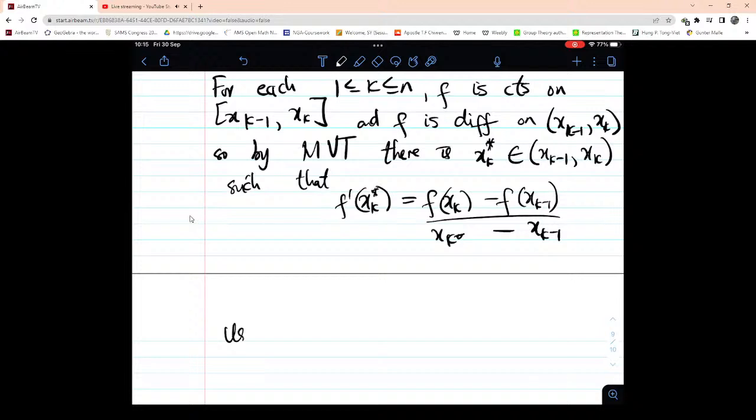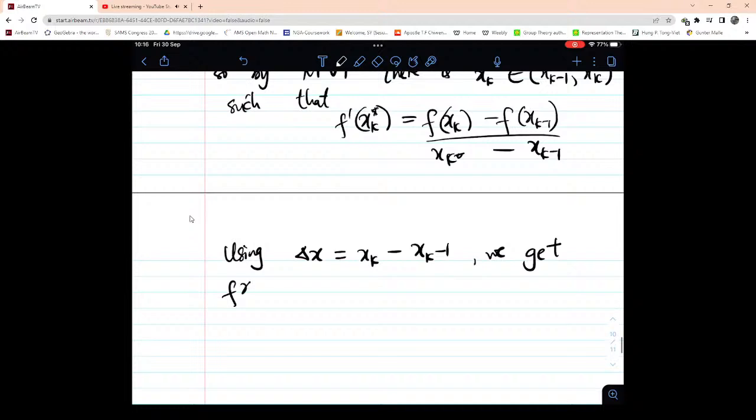So if we say the difference between these small intervals is delta x, then f of xk minus f of x(k-1) can be rewritten as delta x times f prime of xk star.